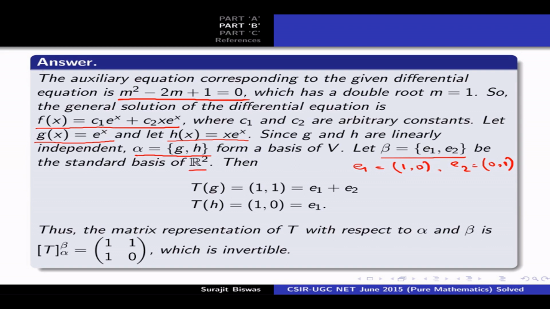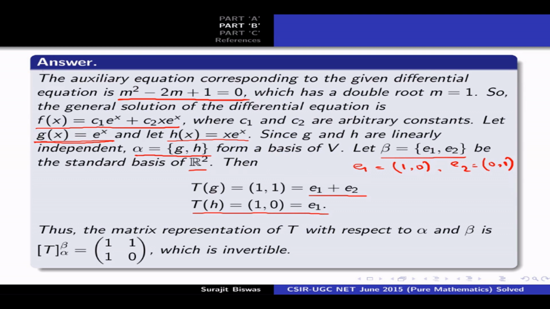Then what do we have? T(g) is (g'(0), g(0)), but g'(0) and g(0) are both equal to e^0, that is 1. So T(g) = (1, 1), that is T(g) = e1 + e2. And what is T(h)? T(h) is (h'(0), h(0)), and if we differentiate h we get h'(0) = 1 and h(0) = 0, therefore T(h) = e1.